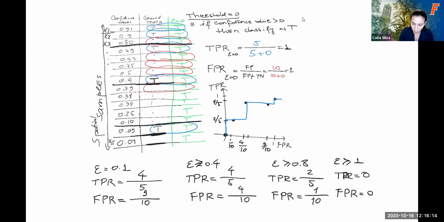Okay, and so the more points we have, the less edgy this curve is going to look. So it's going to look a little more smooth. And so we see that this is certainly performing above the random, right? But it's still not perfect, right? Okay. Okay, so any questions about this?